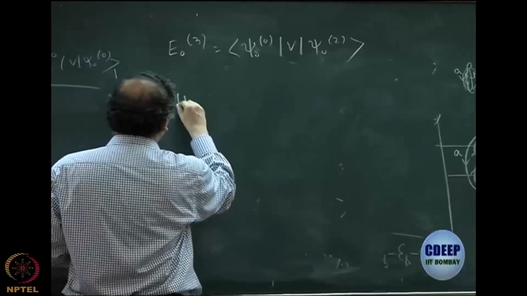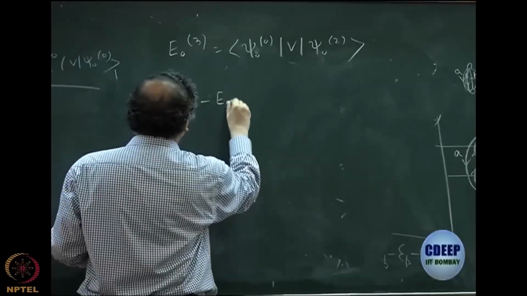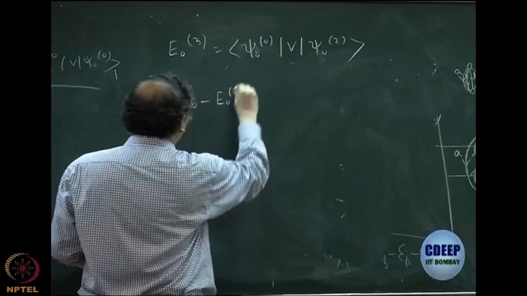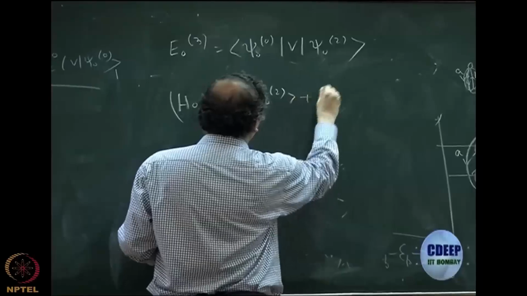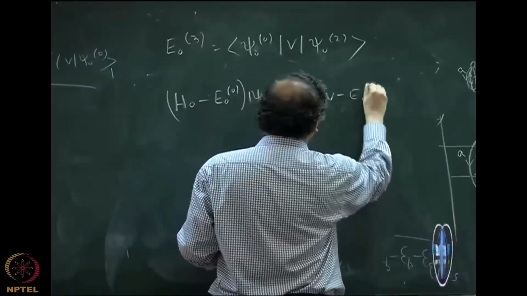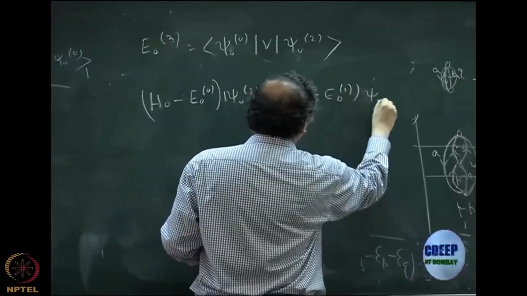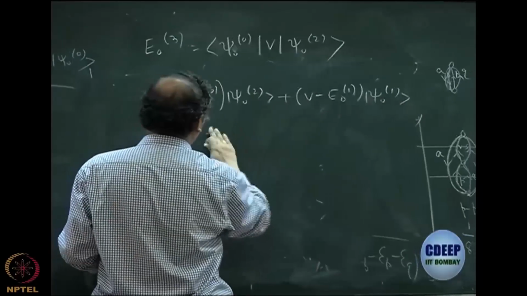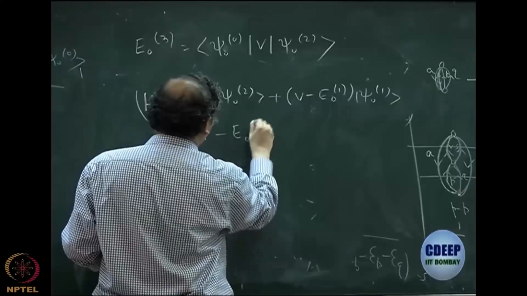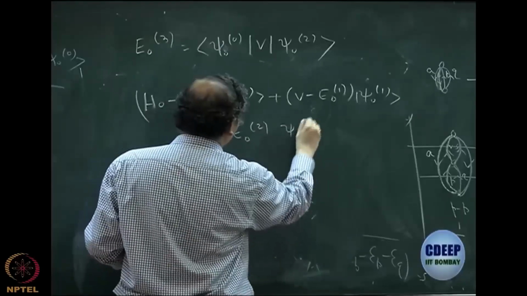I go back to my second order equation: (H0 − E00)ψ02 + (V − E01)ψ01 − E02 ψ00 = 0.